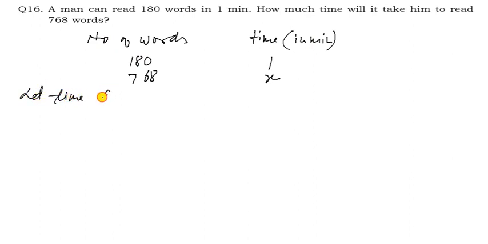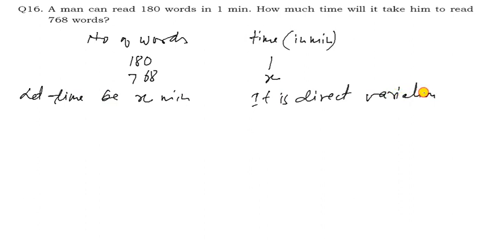So let time be x minutes. So you can write it is direct variation. That means you put the down arrow, because if you have a large number of words, you take a long time.